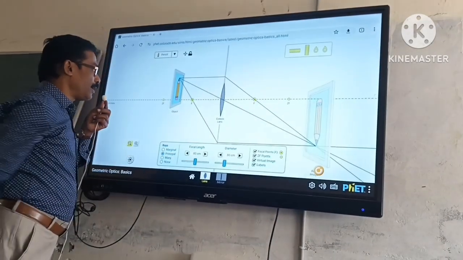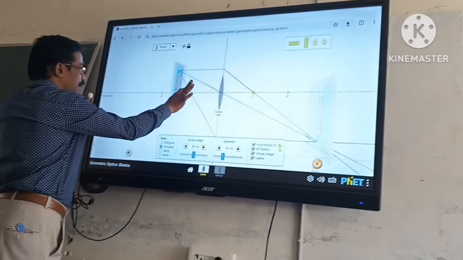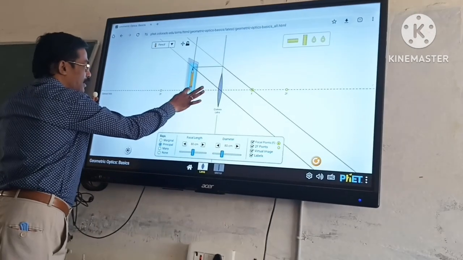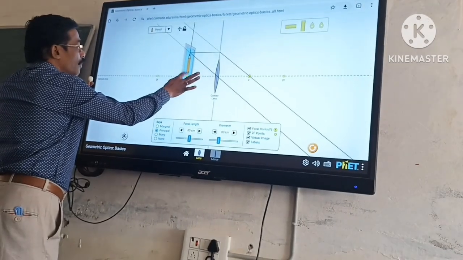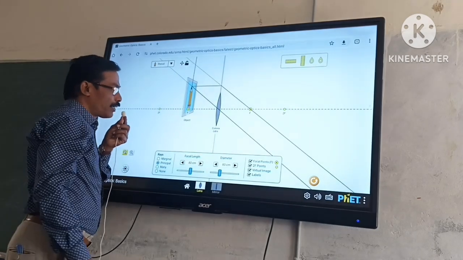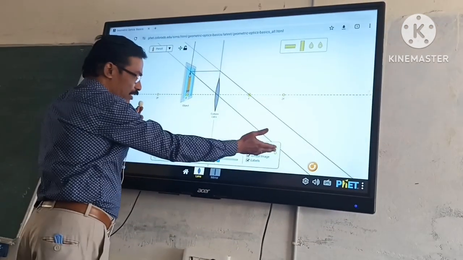Those are the images. And now I am moving the object to f. It is exactly at f. When it is placed at f, what happens? The image is formed at infinite distance. You can't observe it.